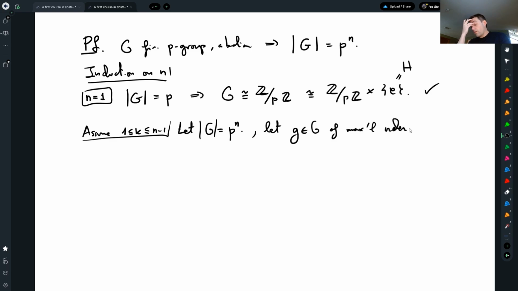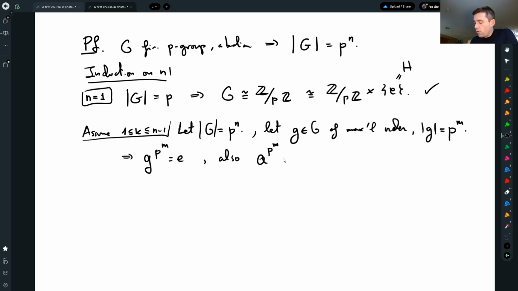The order of g has to divide the order of the group, so let's say that it is some P to the M. That implies that g to the P to the M is the identity, but in fact, it also implies that every element in the group to the P to the Mth power is e for all a in G, because every element has to have a P power order, and if P to the M is the largest one of all, then any element to the P to the M has to be the identity.